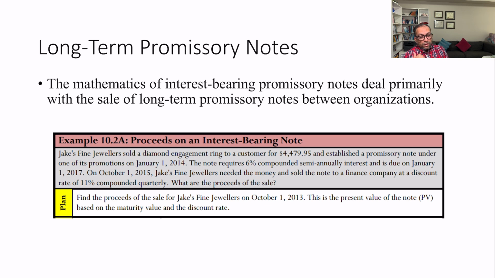So when they are selling or discounting this promissory note on that day, we will calculate the present value, and that will be the proceeds. The interest rates are different. For the first one, when we find out the future value, the interest rate is 6%. But when we are discounting it to get the present value, the interest rate is 11%. So that's the way that it works. So let's start doing.